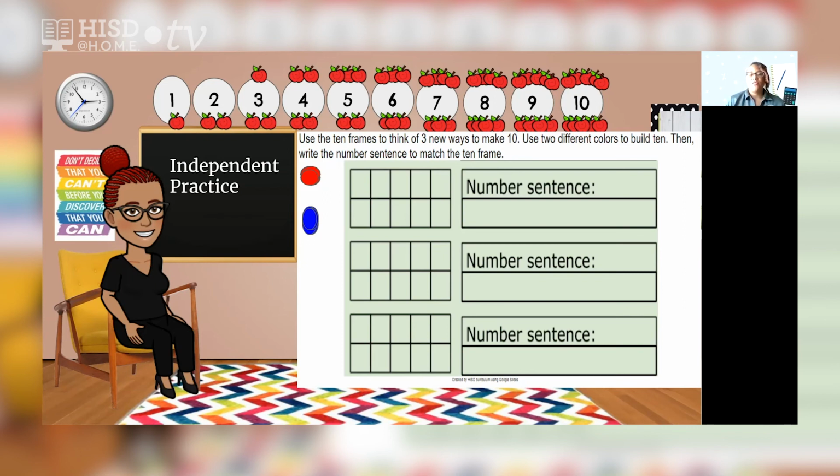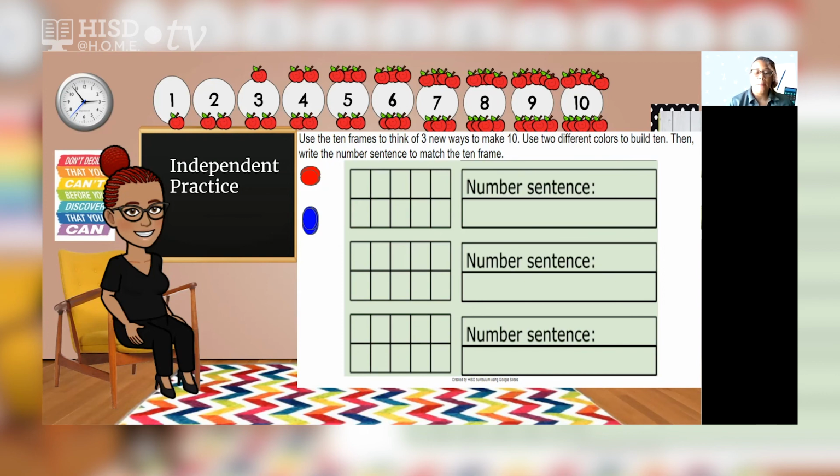Step 2, you're going to fill each 10 frame with 10 counters. Then you're going to cross out however many counters you're taking away from 10 and write a number sentence that matches your diagram or illustration. Got it?